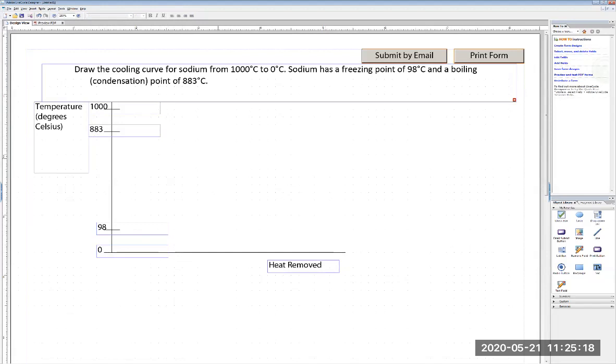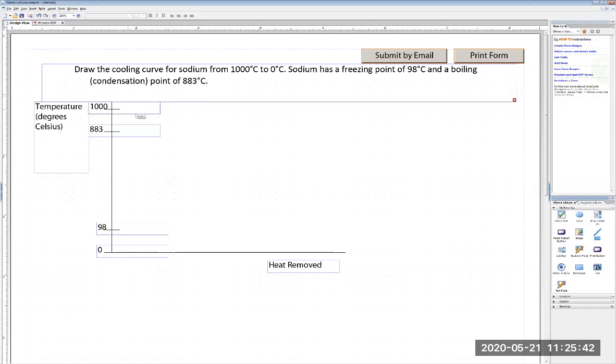So it's a cooling curve, which means you want to start at the high temperature and then go down in temperature as you remove heat, right?